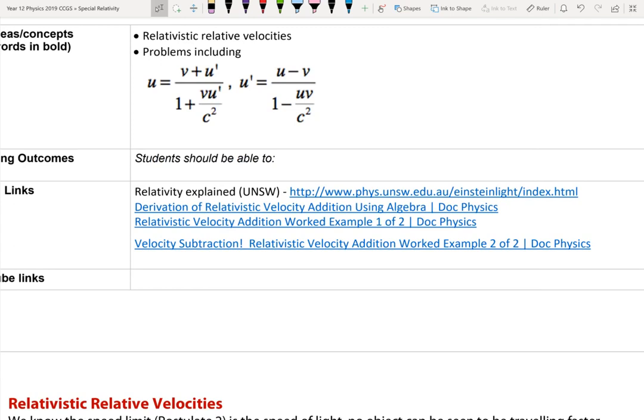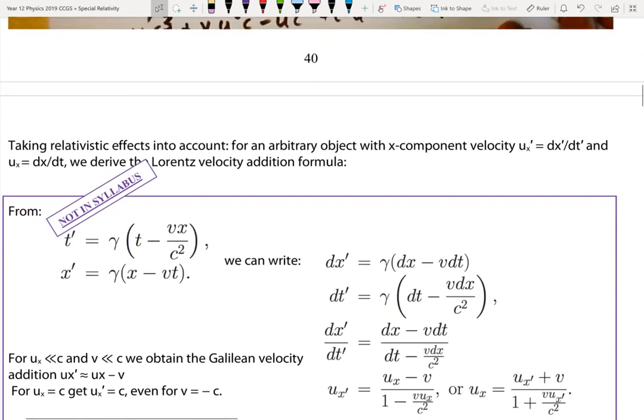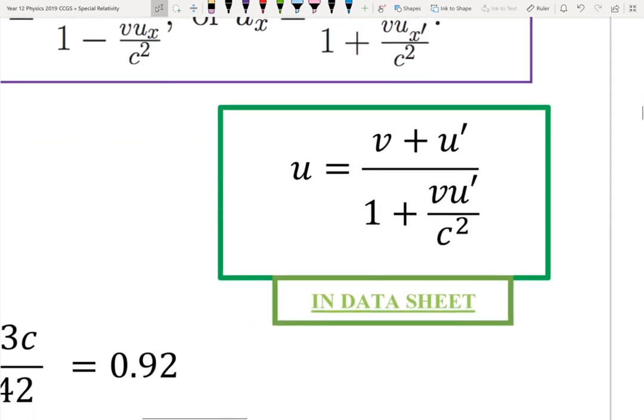He also does a couple of very quick 3-minute videos that show a scenario. We're going to do similar scenarios in today's lesson. There also is another derivation. Again, my not in syllabus stamp. You do not have to worry about how it was derived, but you have this equation in the data sheet.